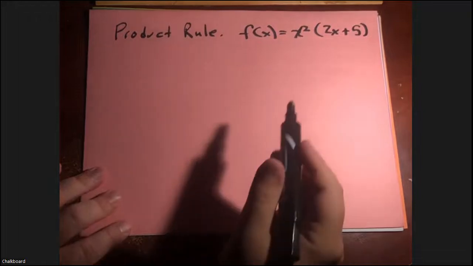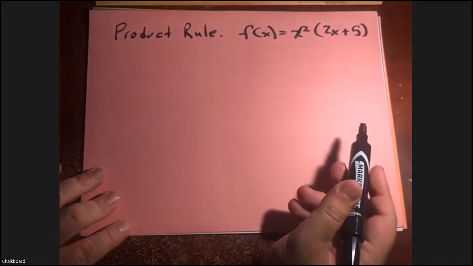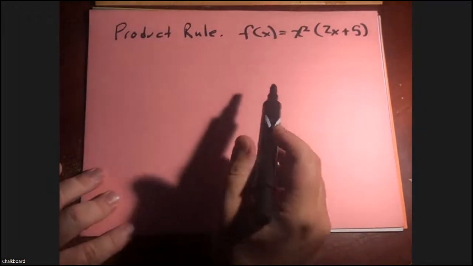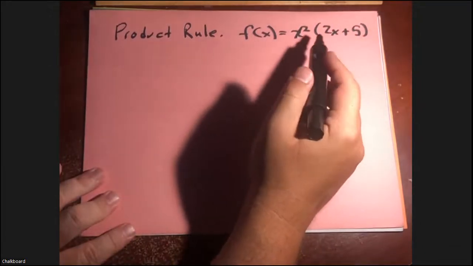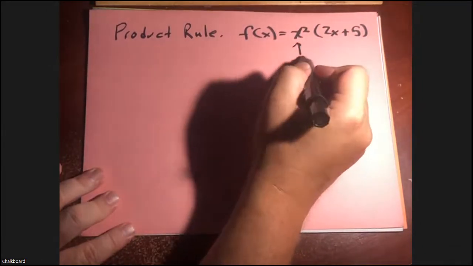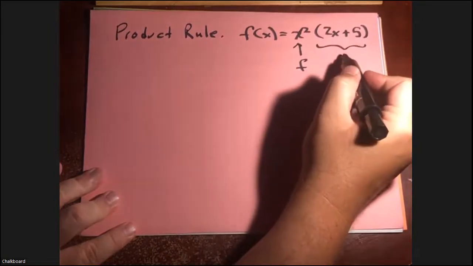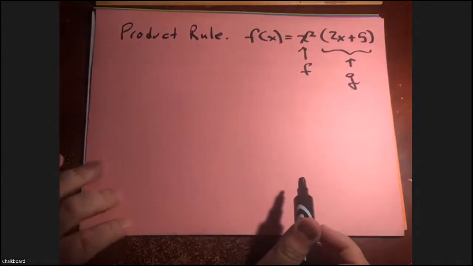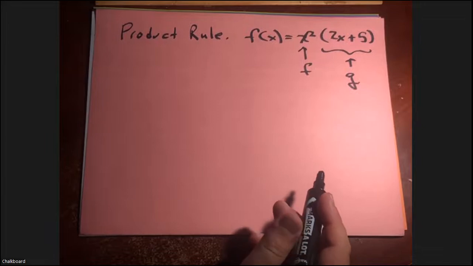Okay. So this is x squared times 2x plus 5. That is a product. Now, if you wanted to consider that these two things were two different functions, as if this was f and as if this was g, then you could kind of go about figuring out the product rule.